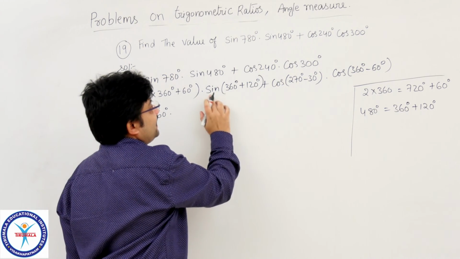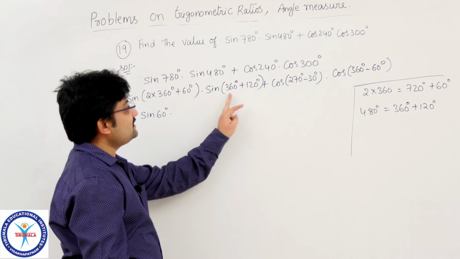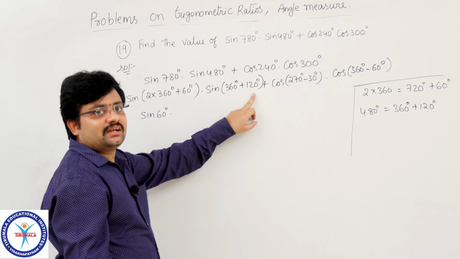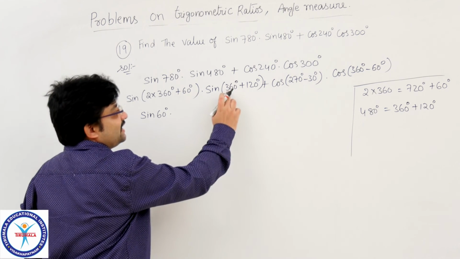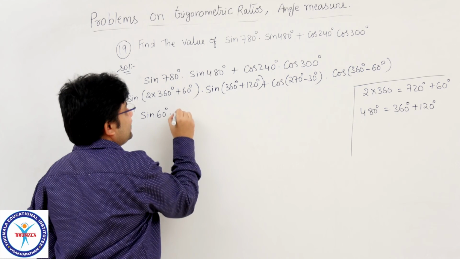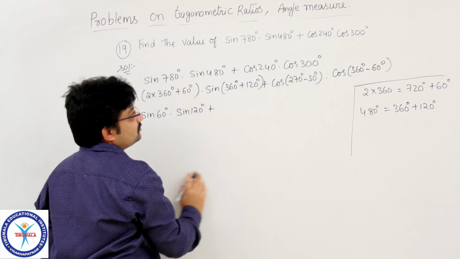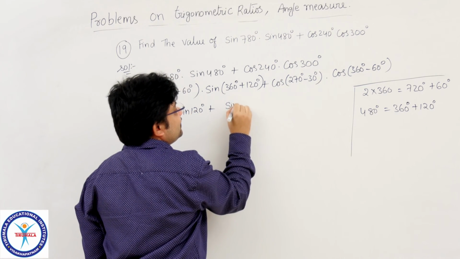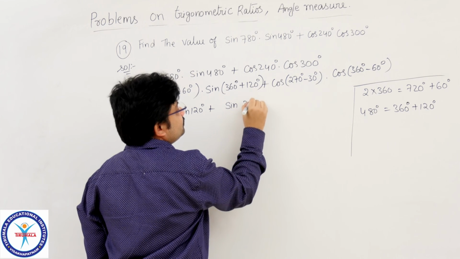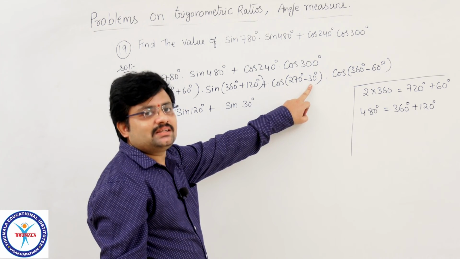Here sin of 360 degrees plus 120 degrees, 360 plus theta, first quadrant. In the first quadrant all are positive, and here the angle is 360, so again it is sin 120 degrees, plus cos 270. 270 is there, therefore there is a change in the ratio, sin 30 degrees. 270 minus theta lies in the third quadrant.